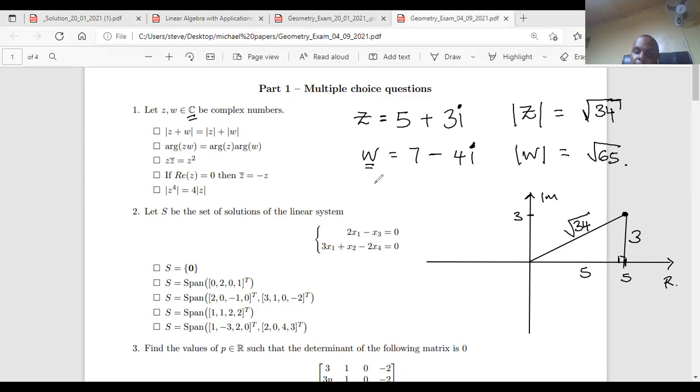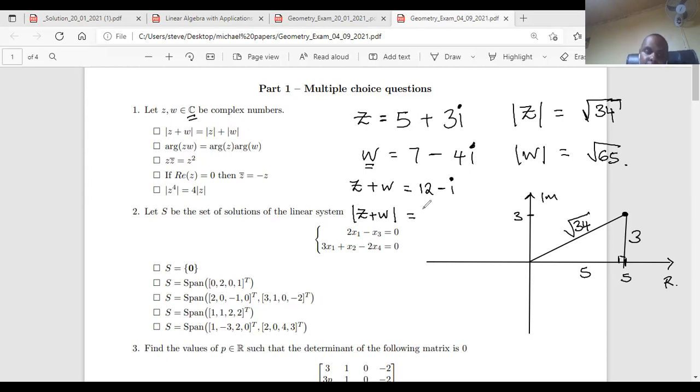Now, can you do z plus w? Just adding the two complex numbers. Z plus W would be 12 minus 1i. Now, can you find the modulus of 12 minus i?